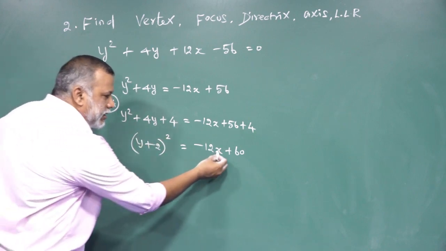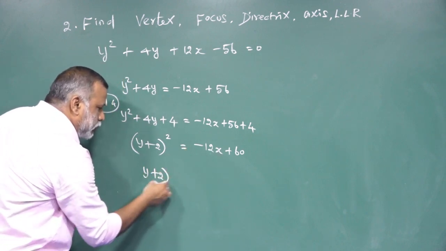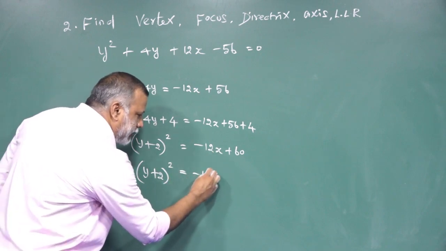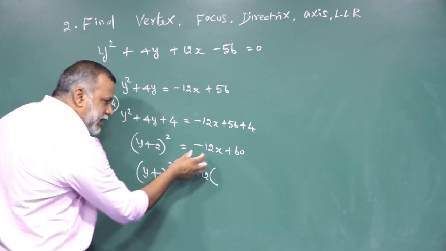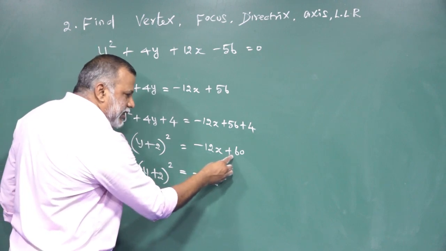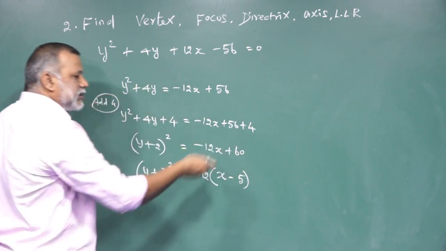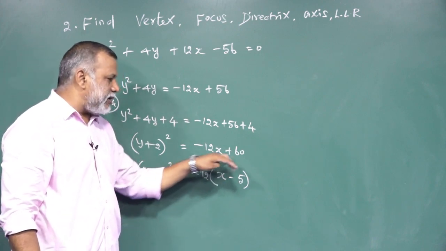Now we take the coefficient 12 as a common factor. So y plus 2 the whole square equals, take out the minus 12. If we take out minus 12 here, we get x, and negative 5, since 5 times 12 is 60, and negative of negative becomes positive.